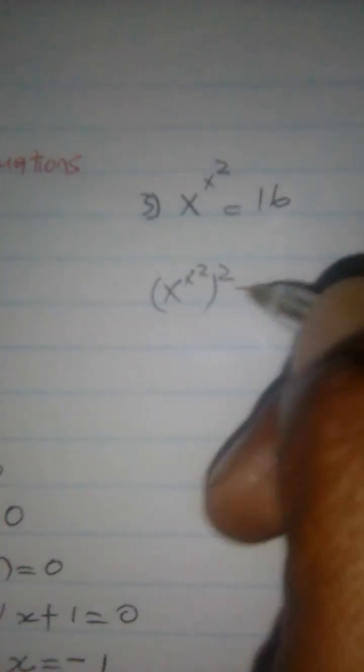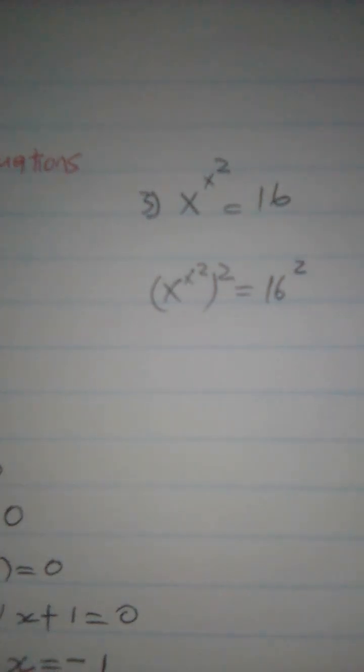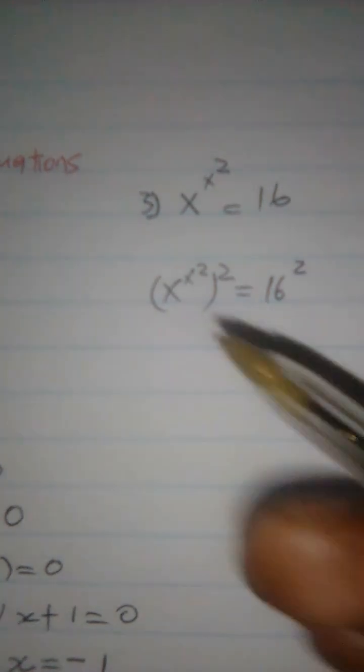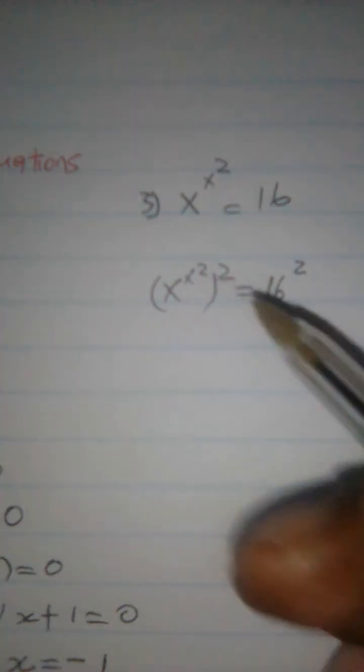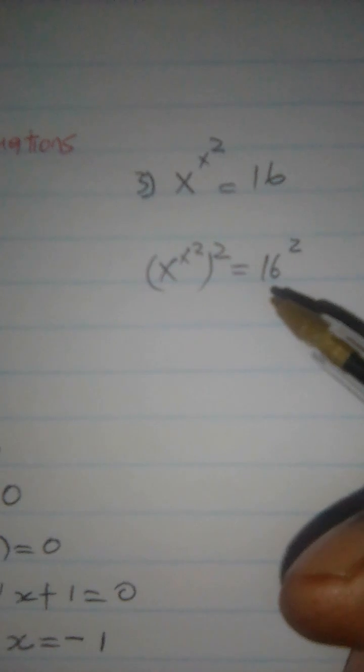So I have x raised to x squared, raised to 2, which is equal to 16 raised to 2. So the next step, these powers can exchange places.